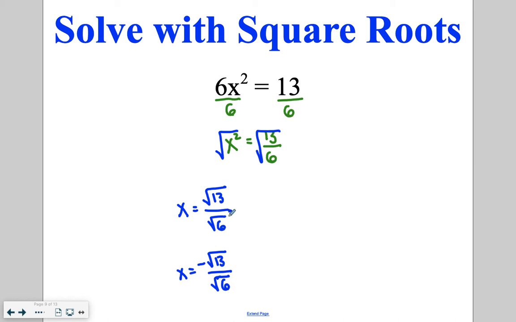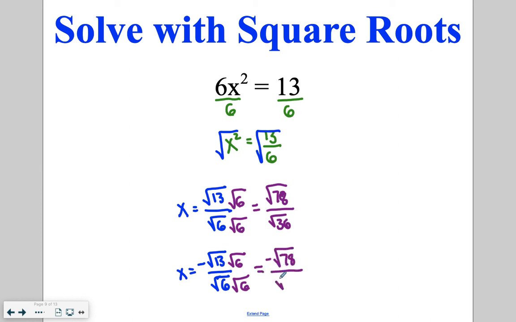So I'm going to go ahead and get rid of that by multiplying the top and the bottom both by square root of 6. When I do that, that's going to give me the square root of 78 over the square root of 36, and then the negative square root of 78 over the square root of 36.